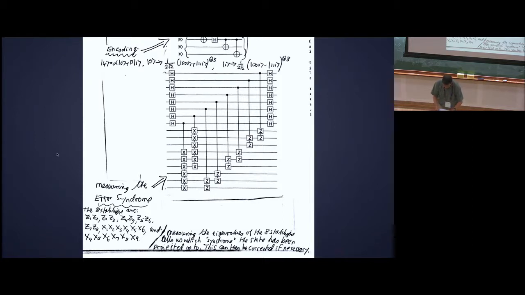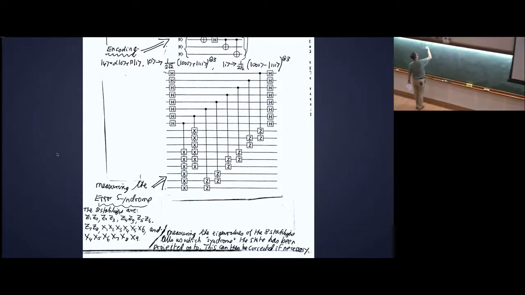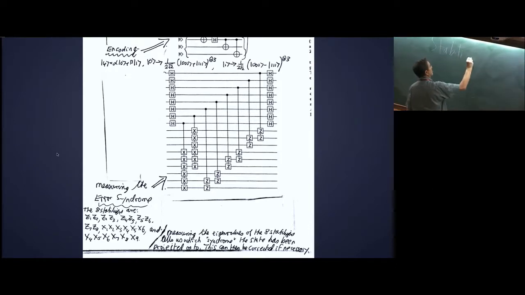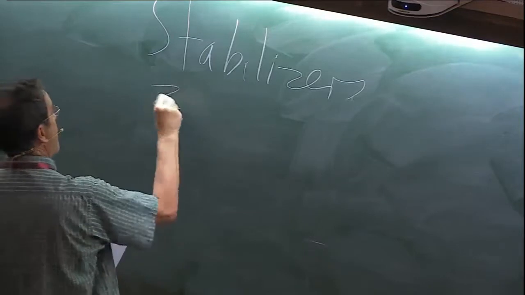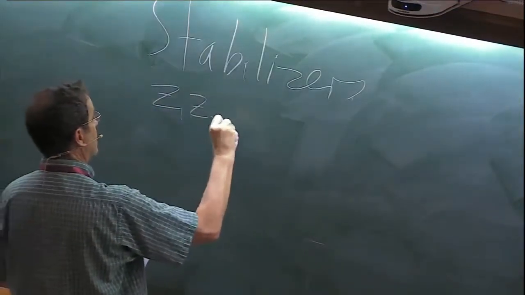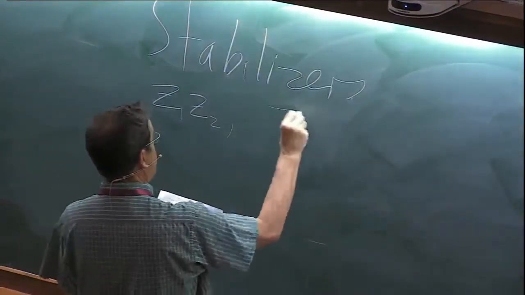Okay, how are we doing here? Okay. So the stabilizers, which you can read off from the diagram, are so you want the 6 pairs of Z's.